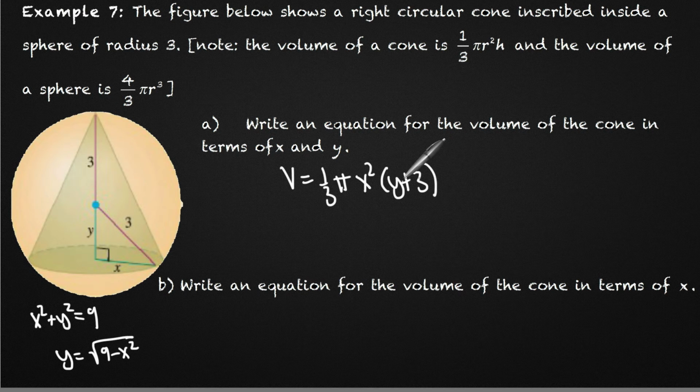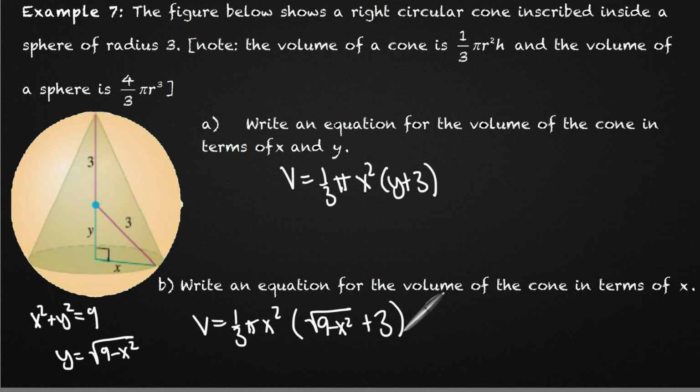So now we'll go ahead and plug that in. So the volume is going to equal 1/3 pi x squared, and then y is going to be the square root of 9 minus x squared, plus 3.